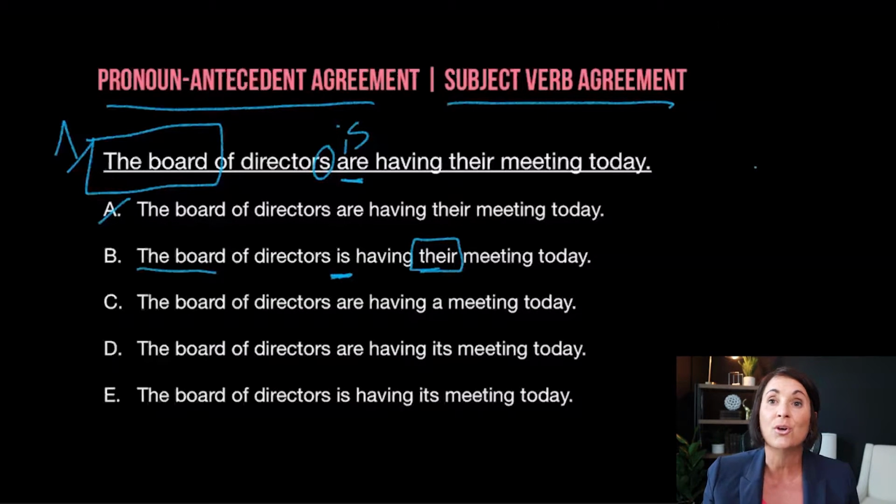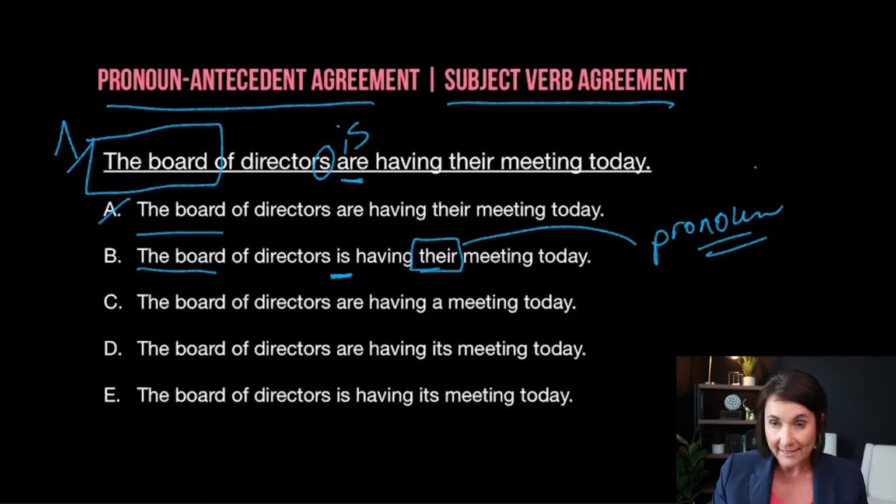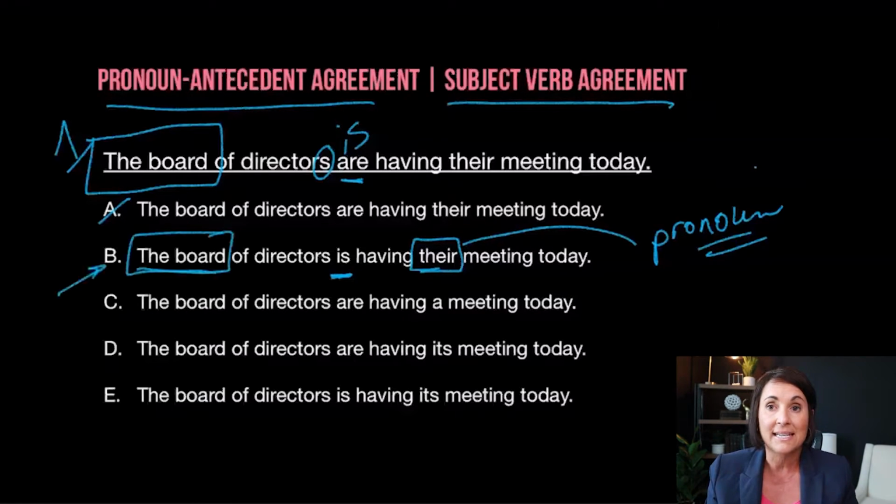And this brings us to the pronoun antecedent. So there is the pronoun. Okay? The board is the subject or the antecedent that the pronoun is talking about. Well, in this situation, we have a plural pronoun and a singular noun that we're talking about. So we have pronoun antecedent disagreement. Okay?